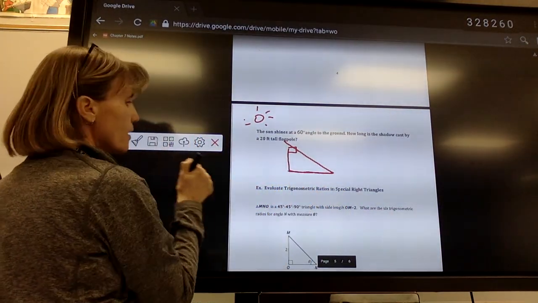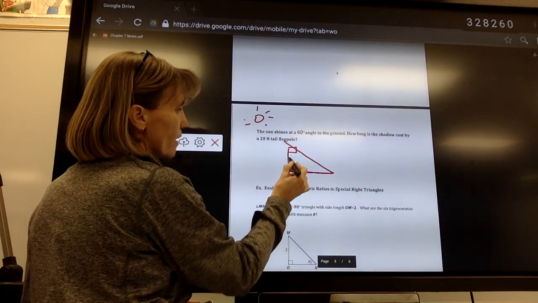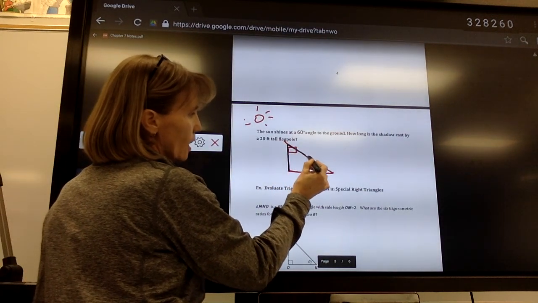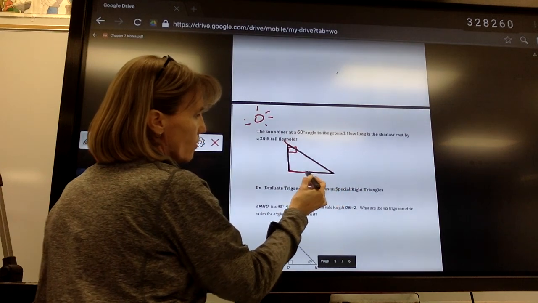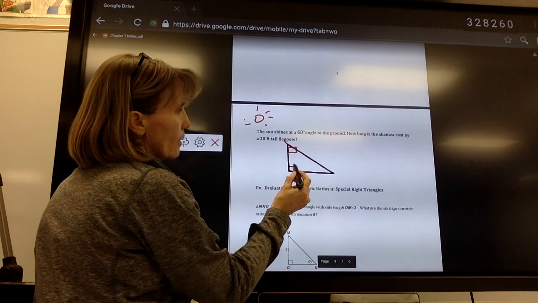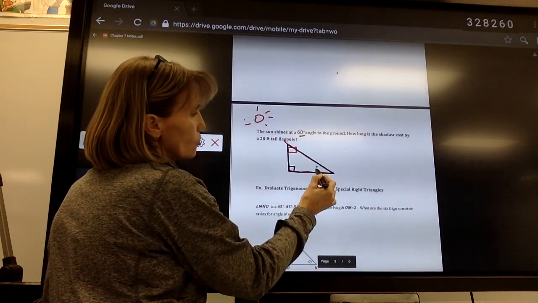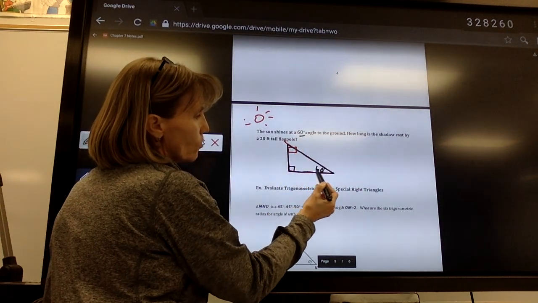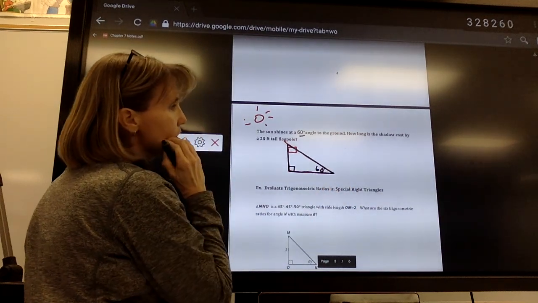So my triangle is the flagpole itself, the sunlight, and the shadow on the ground, creating that right triangle. The 60-degree angle is to the ground, so it would be down here where the ground and the sunlight meet.